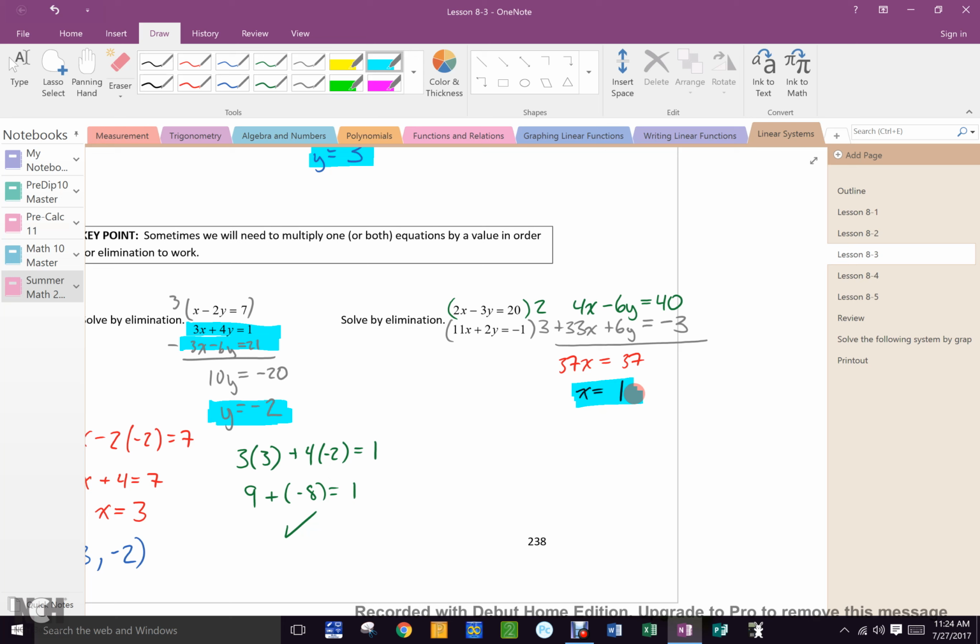Do all 4 of our equations have an x in them? So we can use any one we want.